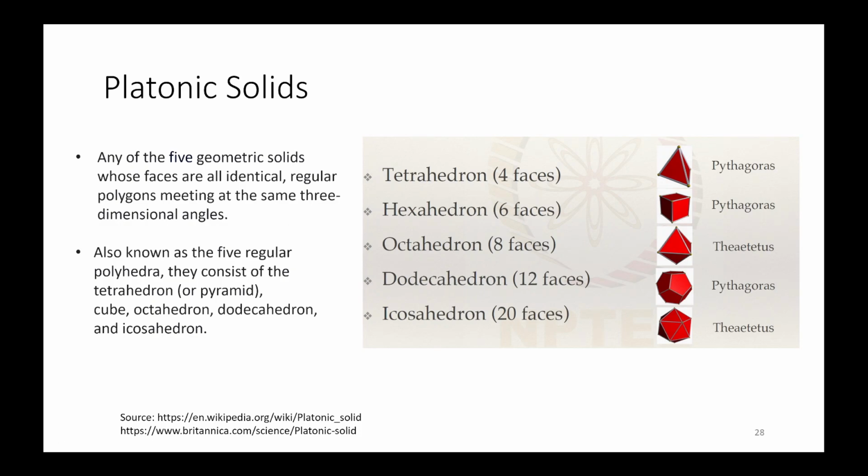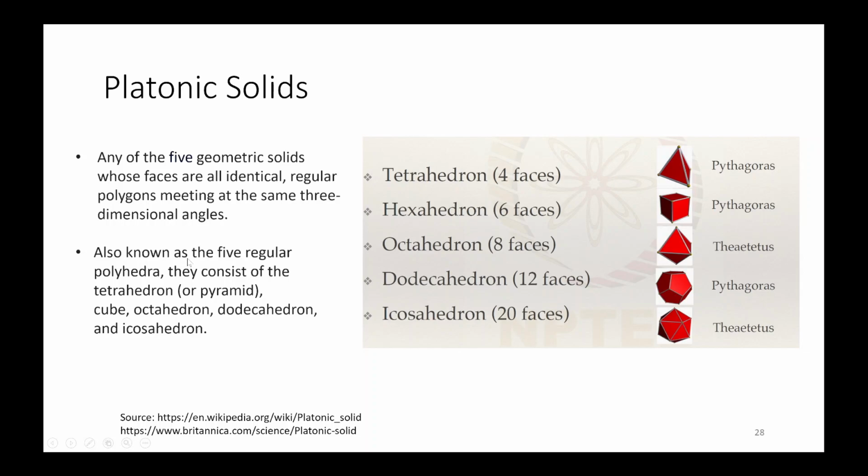Now various questions in your assignment are related to platonic solids. These are any of the 5 geometric solids whose faces are all identical. These faces will be either triangles, pentagons, or squares. So these are regular polygons meeting at the same 3-dimensional angles.